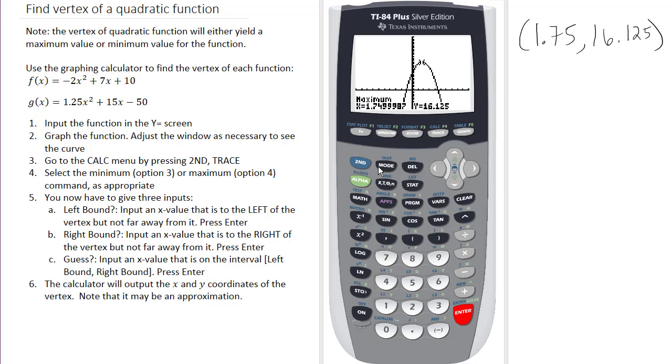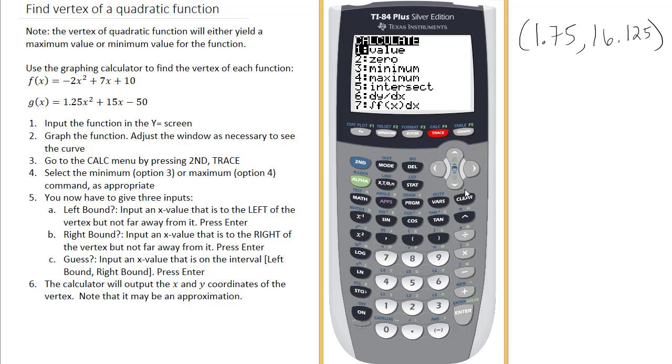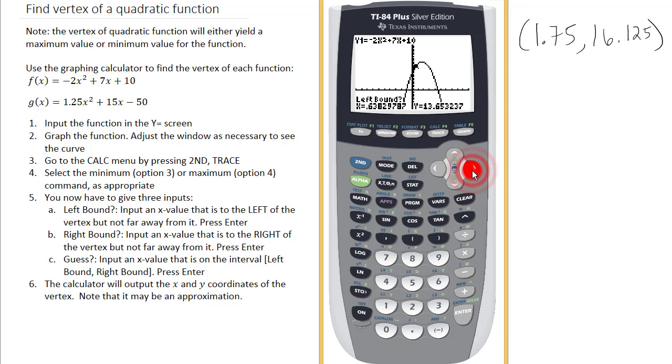So that was one way to use the command. Another way would be to use the cursor. So let's regraph this function, starting back at x equals 0 because that's where it would have started. If I press Second, Calc and bring up the maximum command, the fourth option, now I can use the cursor. I can trace along the curve and say, well, I think the vertex is near this point. That looks about right.